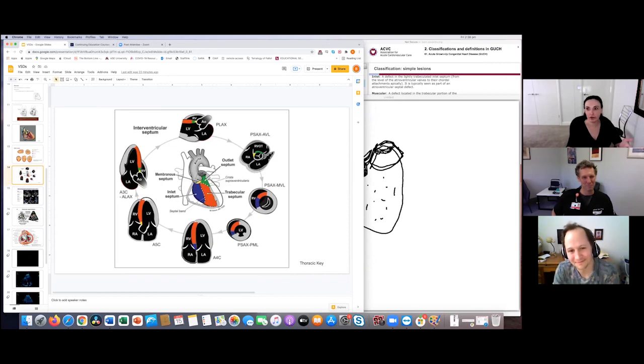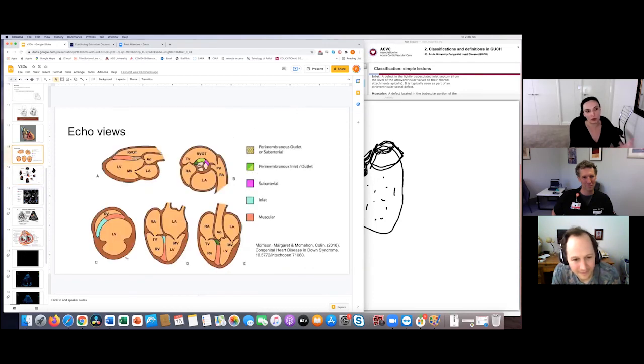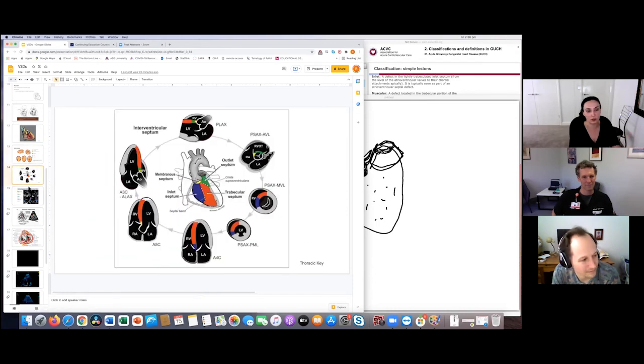They're going to involve the membranous septum. So if you're not sure, and I would not even remember this, I would keep this somewhere in my pocket or online to access, because I would look back at this diagram and try to figure out what kind of VSD it is, because it's really complicated.